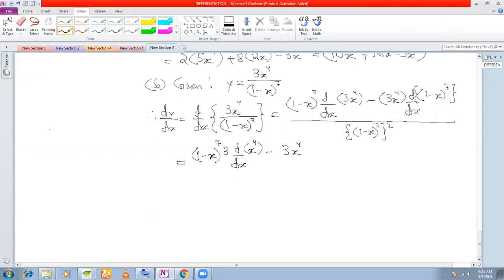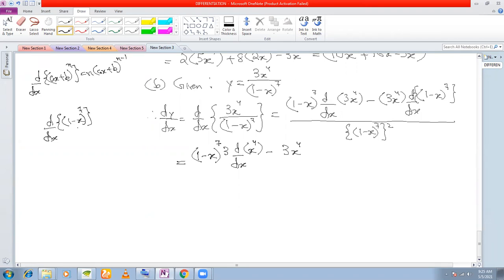Now see here, d/dx of 1 minus x to the power of 7. How do you differentiate this? If you compare with d/dx of (ax plus b) to the power of n, this rule I told you to remember, this was n into (ax plus b) to the power of n minus 1, isn't it?